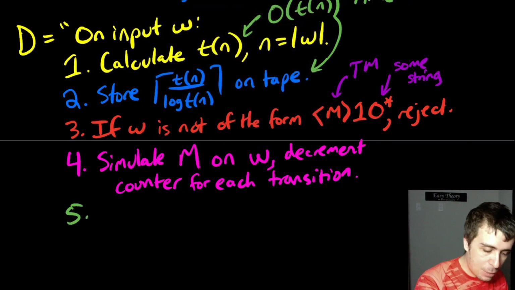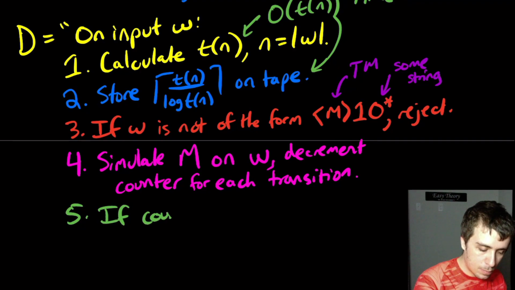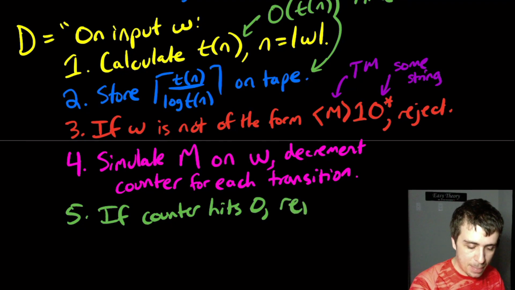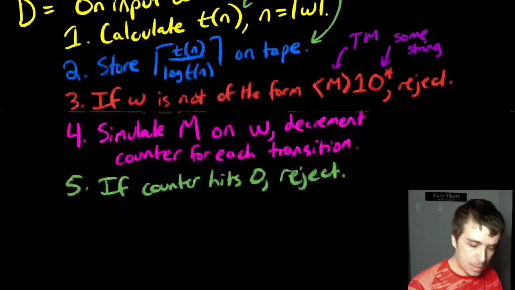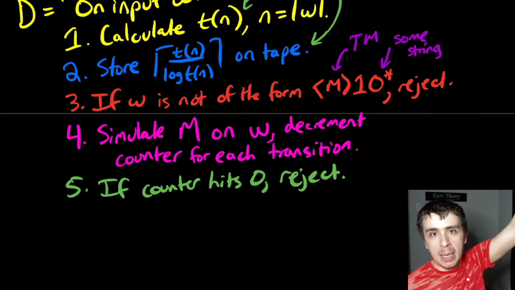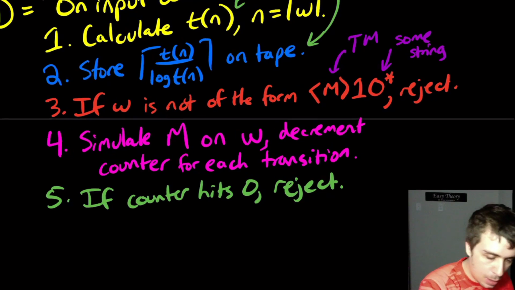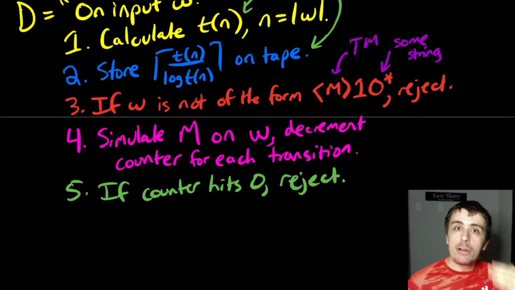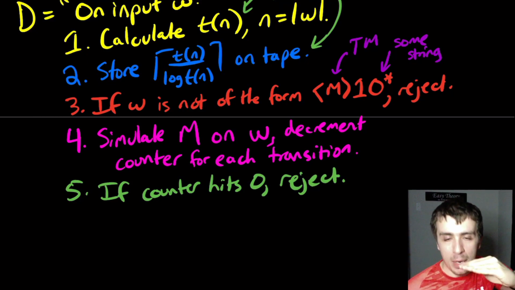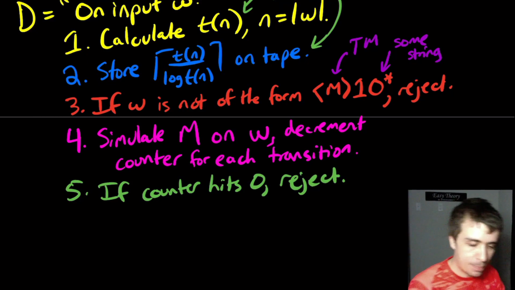Then if the counter ever hits 0, then we're going to reject immediately. Okay, which means that the machine M ran longer than our budget, which is fine. Because we're not trying to be different from the machines that run in too much runtime. We're trying to be different than the machines that run in that little runtime.